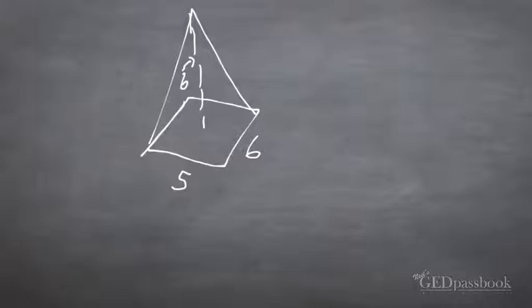What's the base of the pyramid? It's the area of the bottom part. So what's 5 times 6? 30. That's your base. So don't ever let base confuse you.